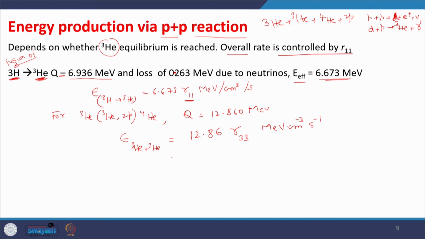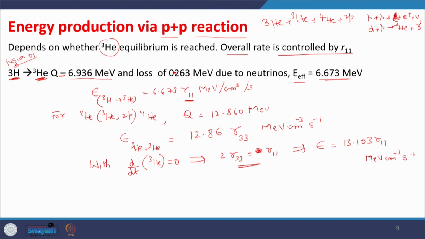Within the reaction model calculations, normally there are several steps which I am ignoring here. It is sufficient to understand that at equilibrium, when d by dt of helium-3 is 0, we can show that 2R33 is equal to R11, which, as we discussed in the previous slide, gives the energy produced as 13.103 R11 MeV per centimeter cube per second.